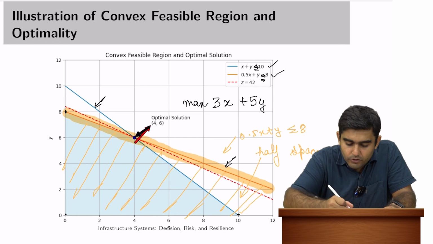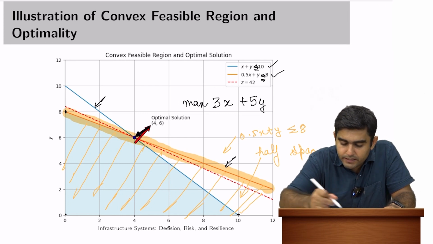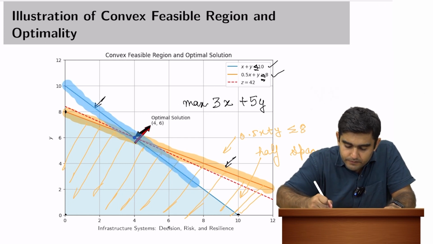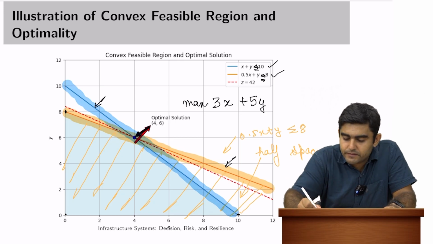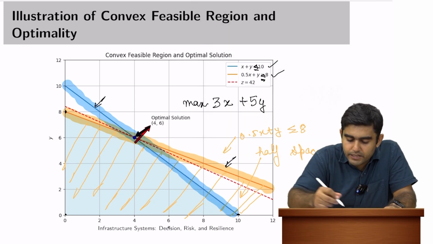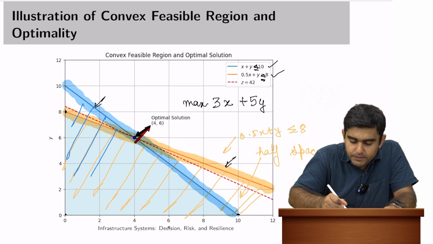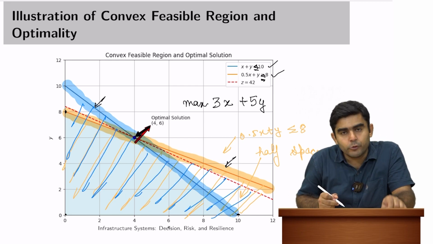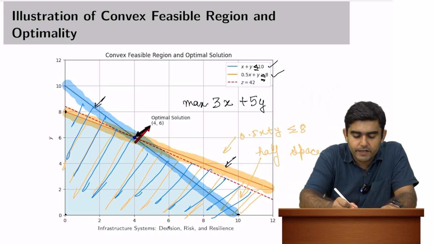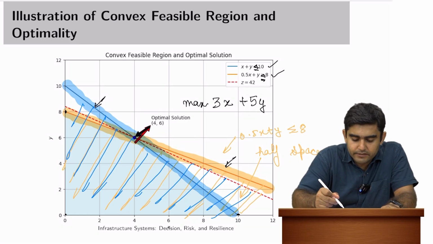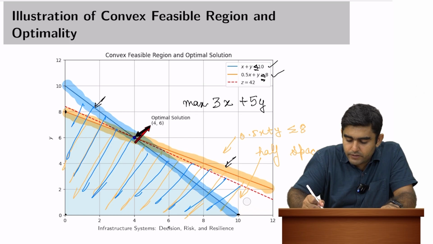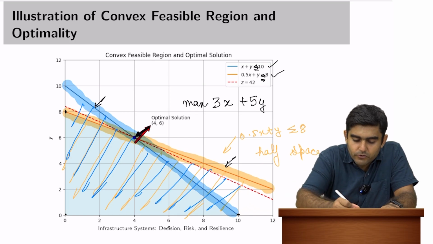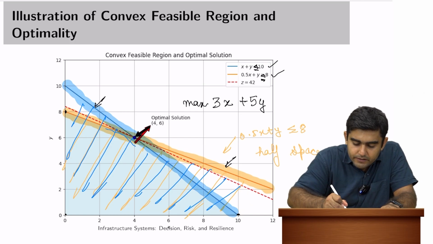Similarly, when I talk about the blue line that I am highlighting here, its half space, if it happens to be an inequality constraint, would be this. And understand that both of these constraints have to be satisfied. So, in that case, I will focus on the region of feasibility which is marked here.